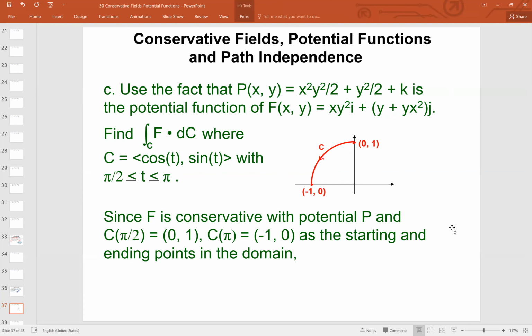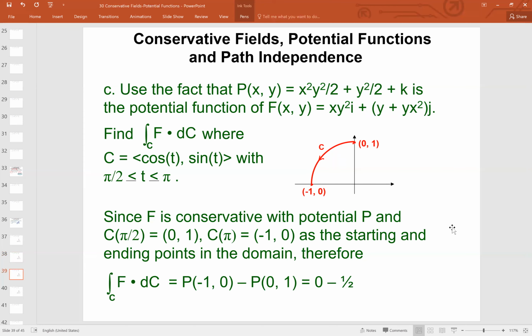So plugging in pi over 2 and pi, and subtracting the difference of the end points while plugging into the potential function, this comes out to be minus half. And so this gives a very fast way of calculating line integral if the field is a conservative field.